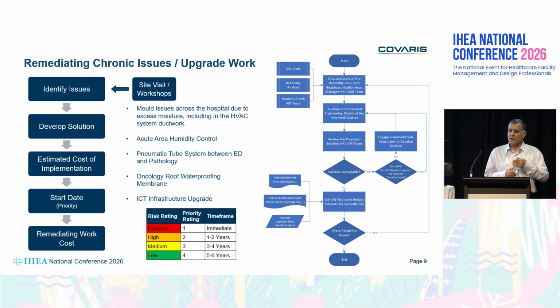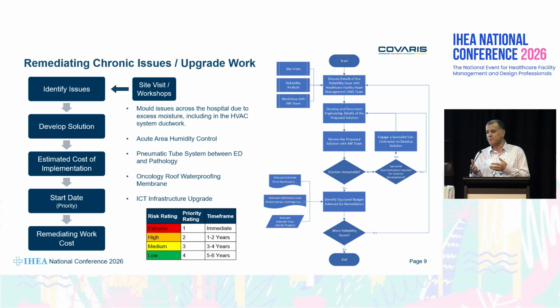So you go through all the reports, you do your site visits, and you also sit with the asset management team. And there are other components that you have to consider. If we're extending the life by another 10-15 years, the hospital will have to be fit for purpose in the current environment or in 5-10 years' time.